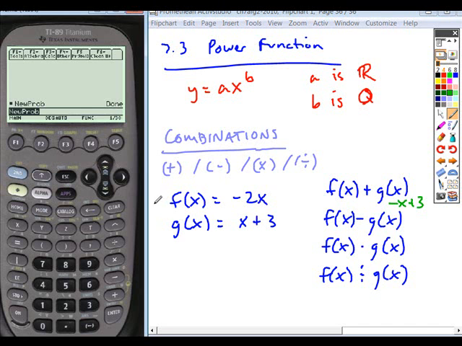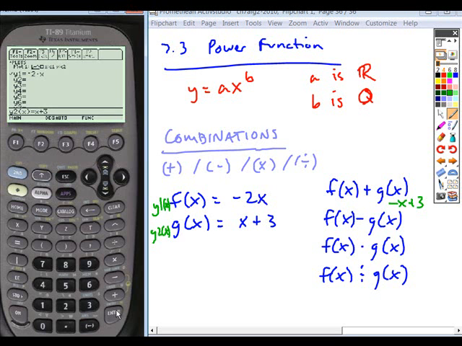If you let y1 and y2 of x be these f and g functions, we can go to our y editor and enter just the expression part, so negative 2x, and then x plus 3.